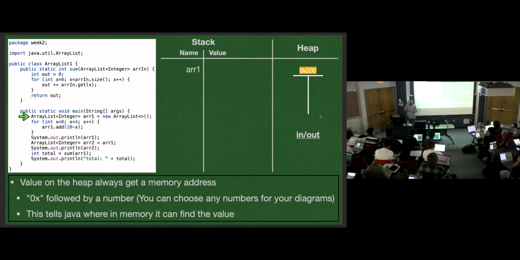So we do 0x200. The 0x means that the number is a hexadecimal number. If that doesn't mean much to you, just remember to always put your 0x in. If you forget your 0x, I don't actually care that much. But I'll put my 0x in the slides because it technically is a hex address to access a location in memory. So 0x200 is going to be the memory address that I made up for this example of the location of this array list in memory.